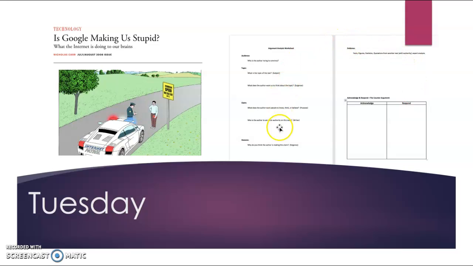So read this through and do this worksheet after you're done with your other parts. Reacting, how you feel about it, looking at it, seeing how he's writing it to affect you as a reader, and then fill out the rhetorical analysis or argument analysis worksheet. So now there are 3 parts to this assignment. So that's what you're going to be doing on Tuesday.